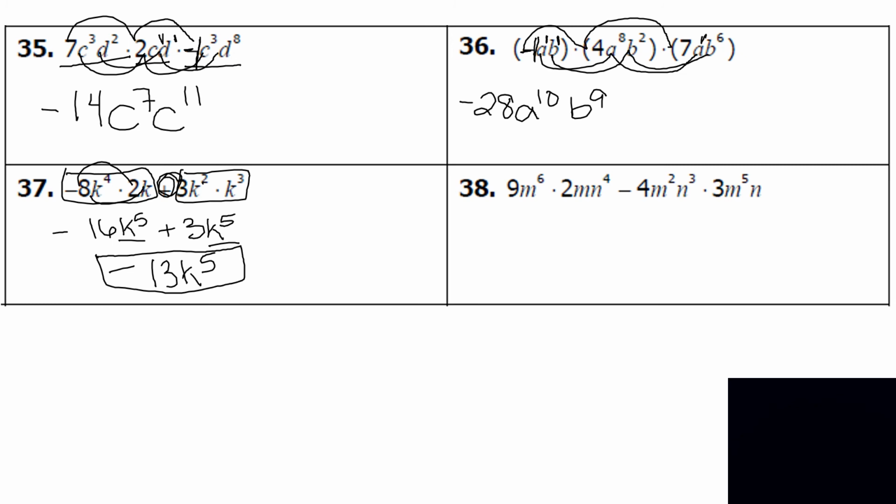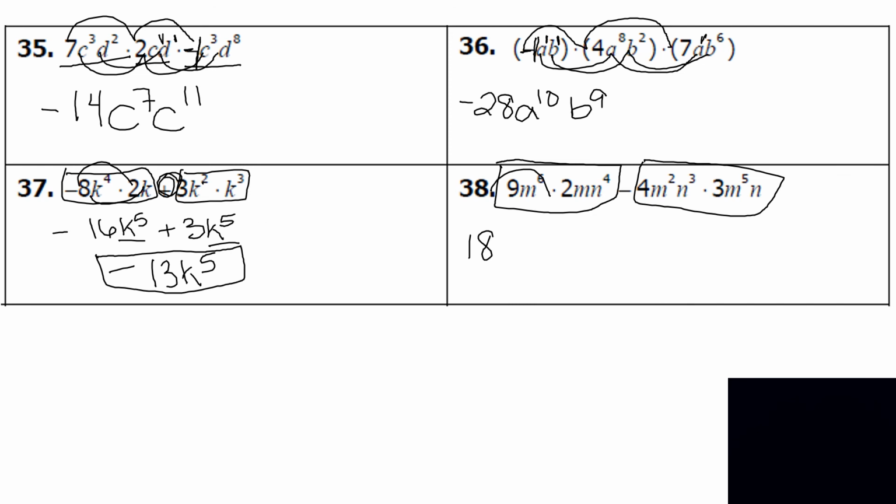All right, so the same thing with number 38. I need to multiply 9m to the 6th times 2mn to the 4th. And then I also need to multiply 4m and m squared n cubed times 3m to the 5th n. And then I can see if I can subtract. 9 times 2 is 18.